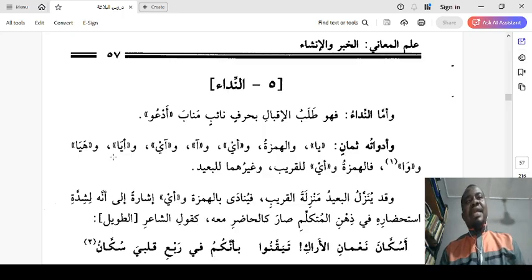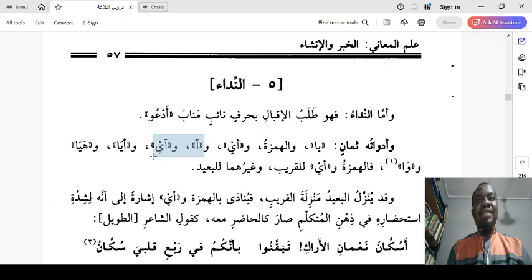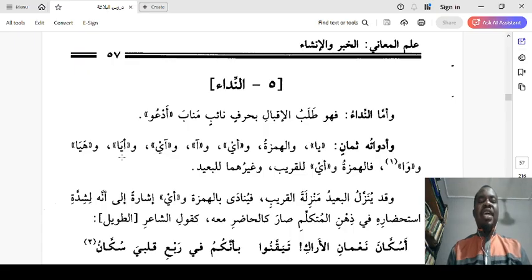Ya is popular, and even the ay and the hamza are popular, but the ones that are not so popular are aya and hayaa. We hear ayaman yadda'i al-fahm, ayaman, we hear stuff like that. And then haya is also part of the adawatu nida, and then we have wa. Jamil.